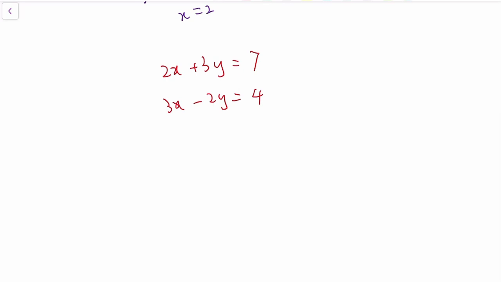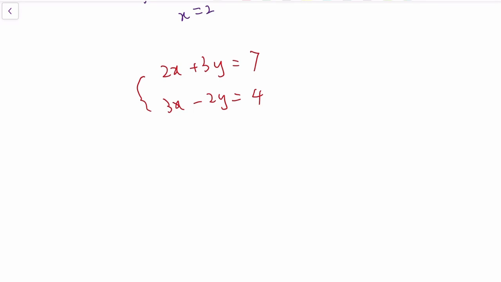Now, very lastly, it is possible that you will see a question where none of the coefficients are the same. So here x has a different coefficient, y also has a different coefficient. So it seems like both elimination and substitution are not the easiest to do.